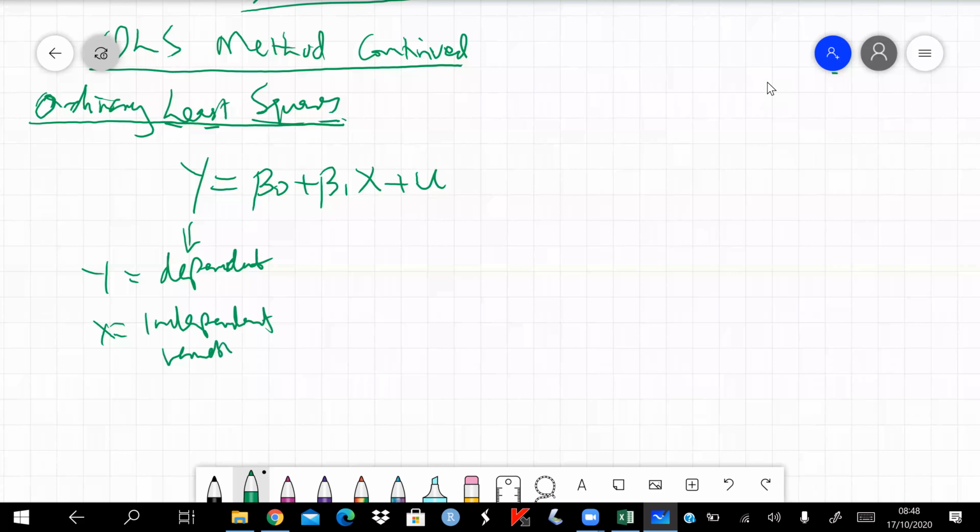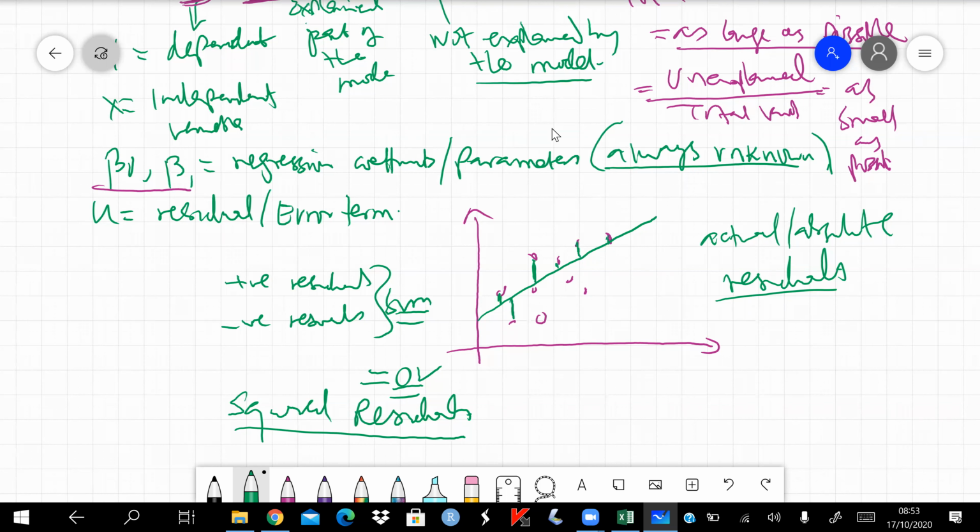Instead of using these vertical distances, because those are the residuals, which are likely to sum to 0, we square them. Once you square them, you try to minimize. You are looking for a line which minimizes the sum of those squares.